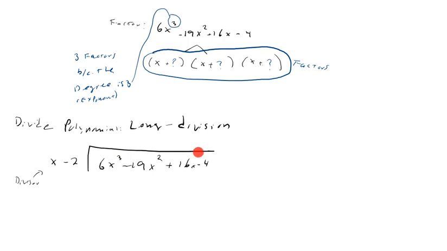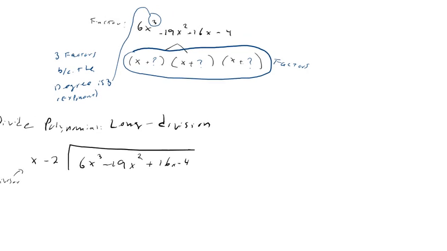So how does long division work? Let's look at 42 and divide it by, let's say, 3.